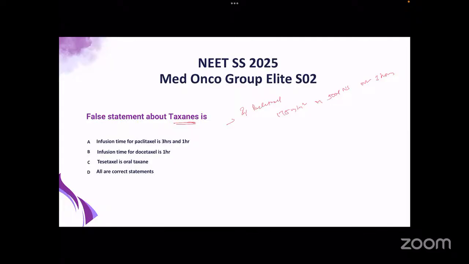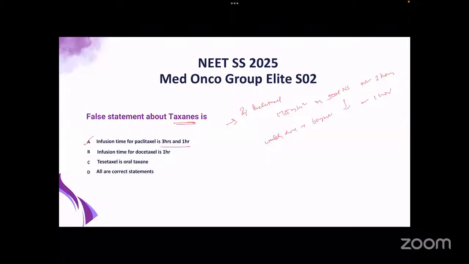If you are working in a cancer center, as a registrar, you will be able to answer almost 90% of these questions. Most of the questions in the exams are clinically oriented. If paclitaxel is given as a weekly dose, we use 60 milligram per meter square in the same 500 ml over 1 hour. So 3 hours and 1 hour is the correct answer.